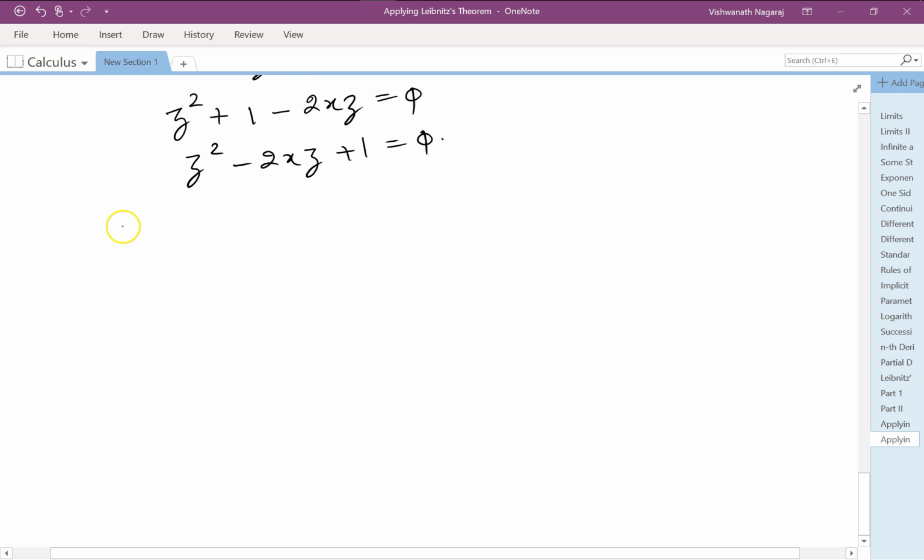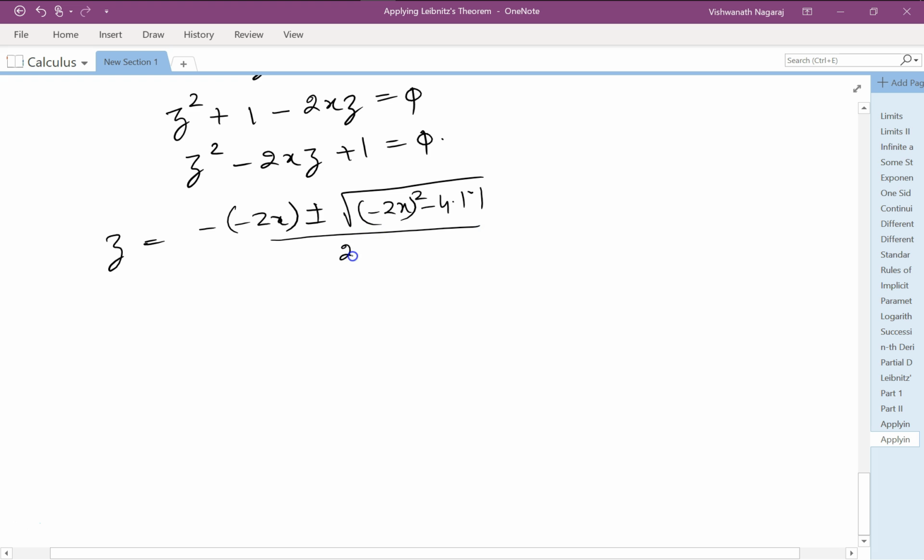We have to apply the quadratic formula. So z is equal to minus b, so minus of minus 2x plus or minus square root of b square minus 4ac. b square is minus 2x whole square, minus 4 times 1 times 1, divided by 2a, that is 2 times 1.